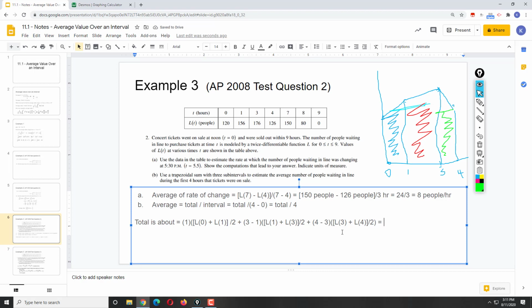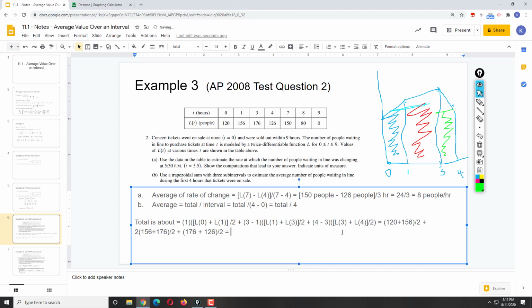And that's going to give us 1 times 120 plus 156 divided by 2, plus 2 times 156 plus 176 divided by 2, plus 1 times 176 plus 126 divided by 2.